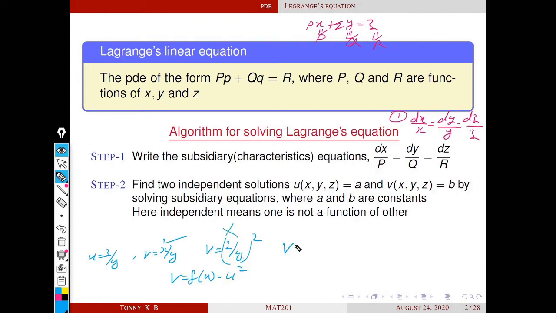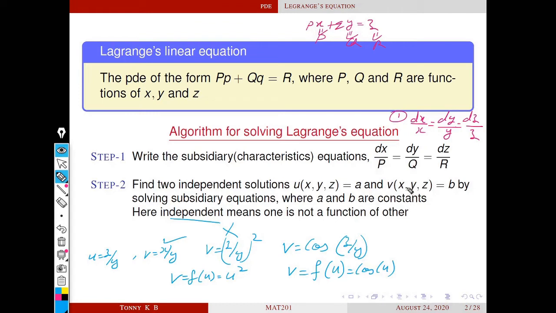And what about this one? v is equal to cos of z by y. Is it possible? No, this is also not possible because you can generate v using the function f of u. What is f of u? Cos of u. Clear? So that is the meaning of independent in this context.